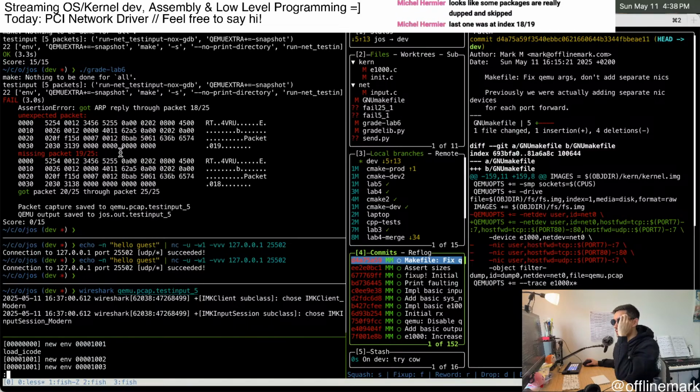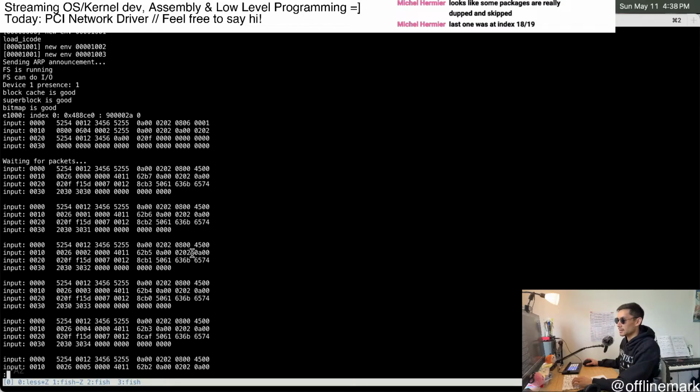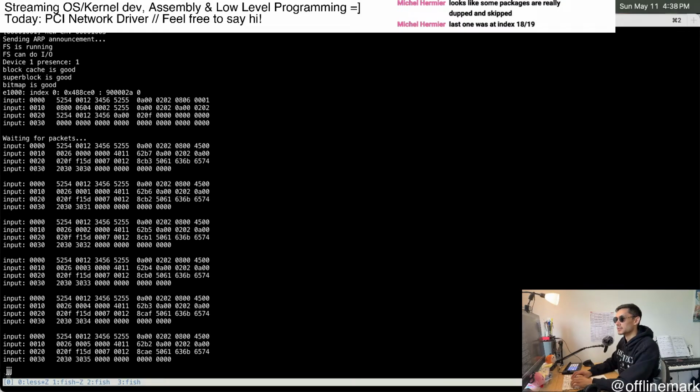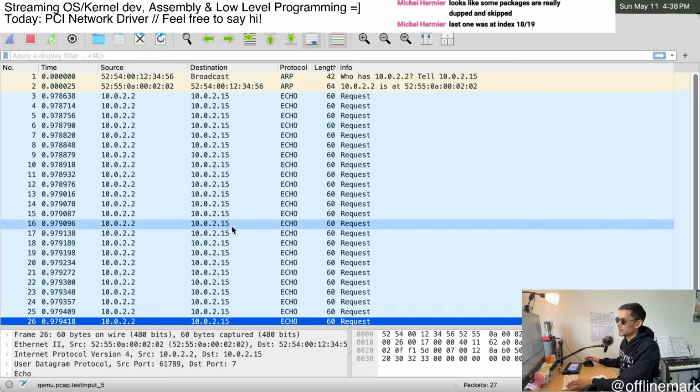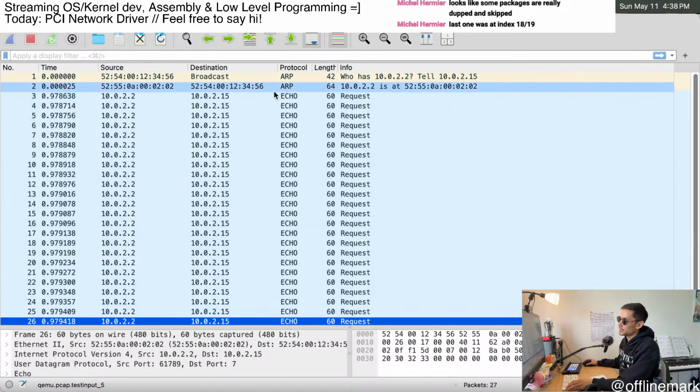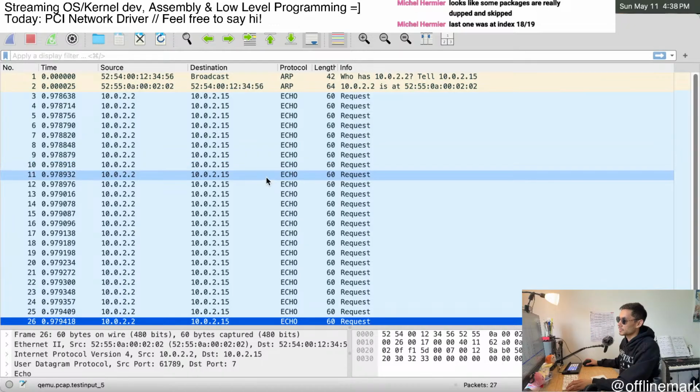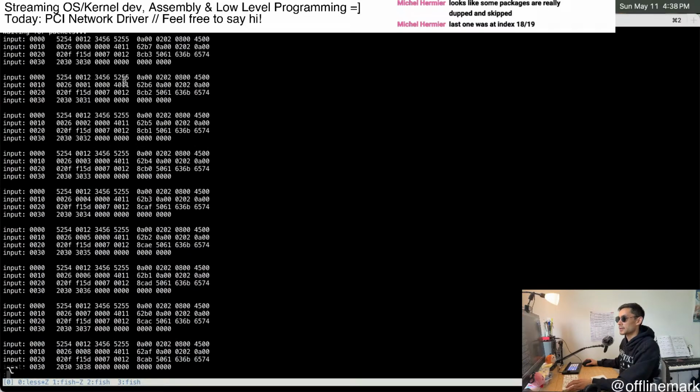So at some point there, the last one was at index 1819. Let's take a look at that. It's a little bit annoying to figure out which one. What is the easiest way to figure out? It's hex 30, right?